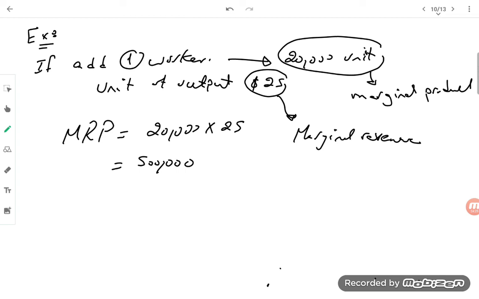So this means that the marginal revenue product, whether of capital or of labor, will be calculated as the marginal productivity of labor or capital multiplied by the marginal revenue.